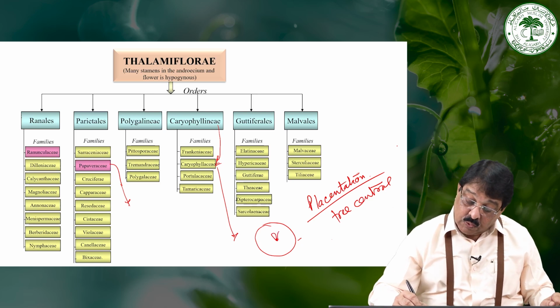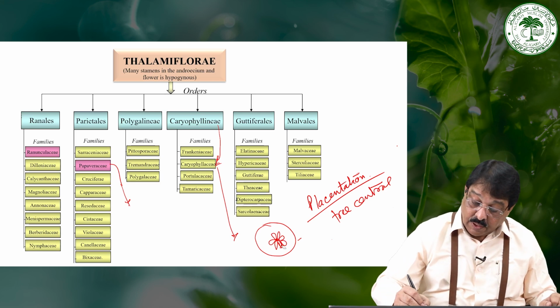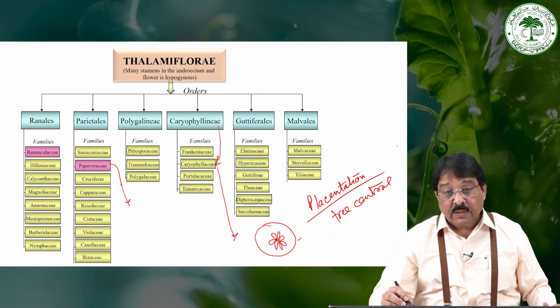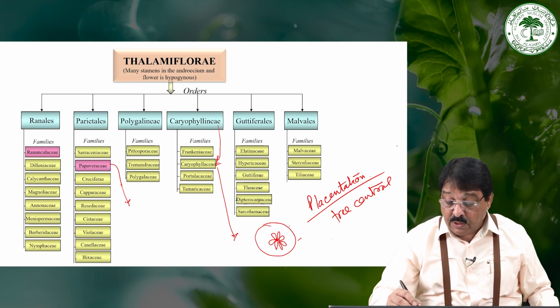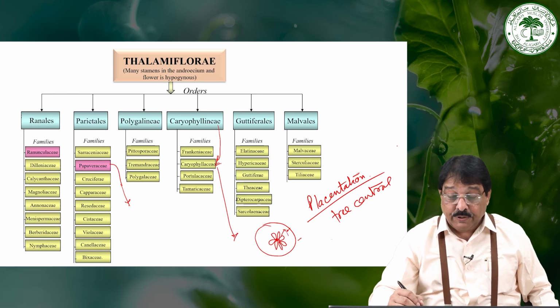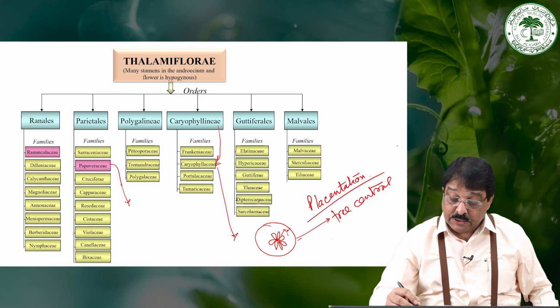The ovules are arranged on the center, and no doubt it is free. It doesn't have any attachment with the ovary wall. That's why it is called free central placentation.